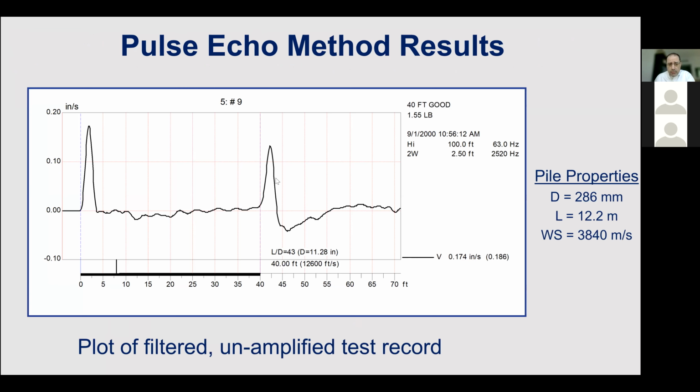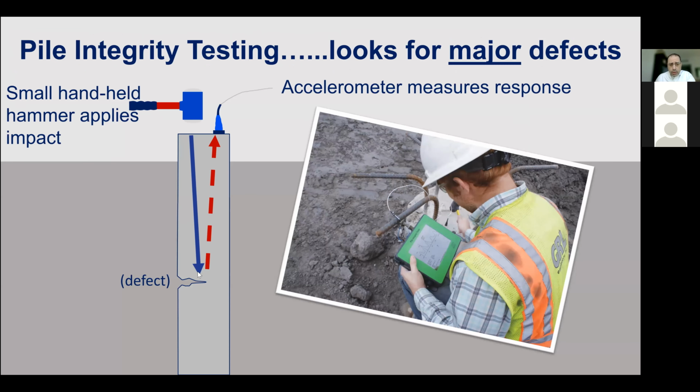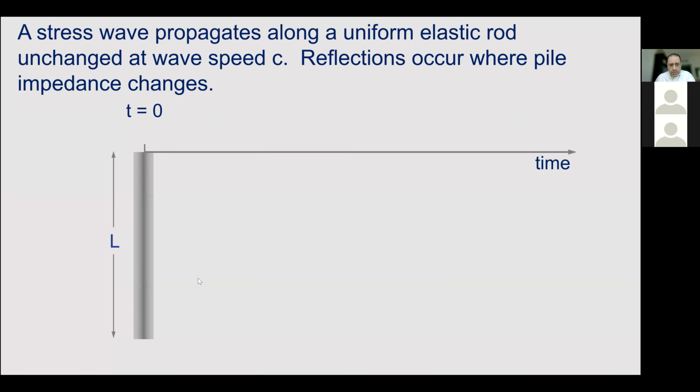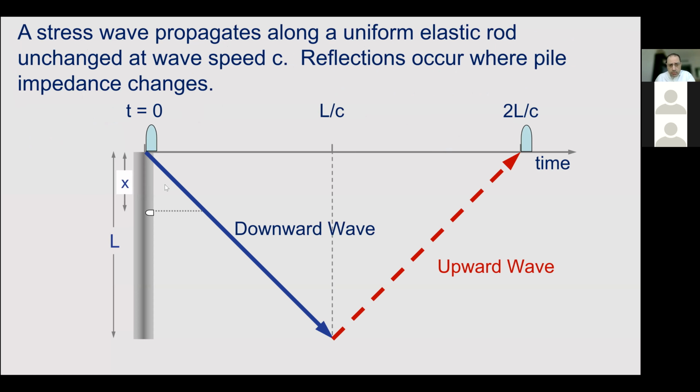Now, in case you have a defect along the shaft, what happens is that during the travel of the signal downwards, it encounters this change in the pile cross-section, or change in impedance. Say it's at a location x. Then some of the reflection of that input stress wave travels upwards in the pile again and is picked up by the accelerometer at the time 2x/c.